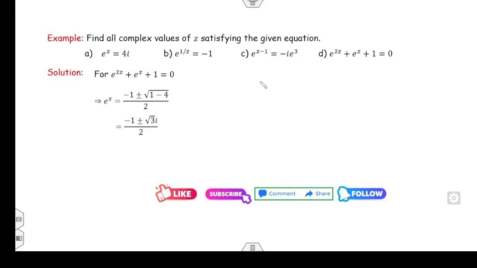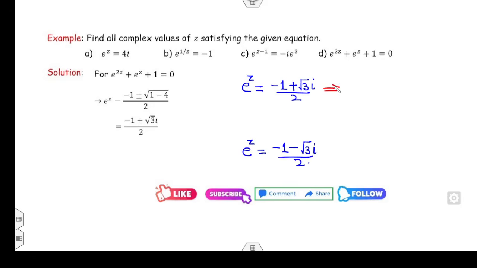Fine, so here two cases will be made. The first case is e raised to power z is minus 1 plus root 3 iota divided by 2. Second case is e raised to power z is minus 1 minus root 3 iota divided by 2.